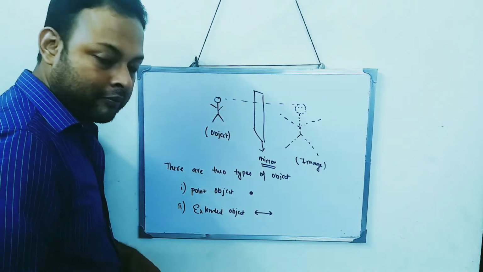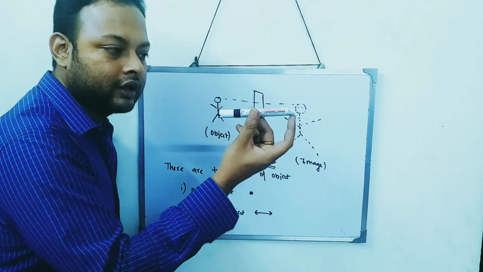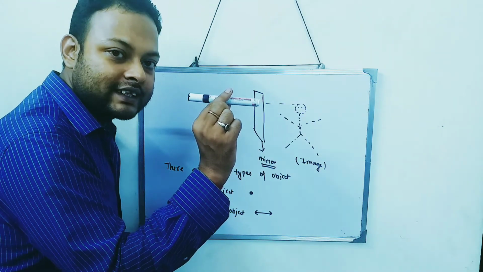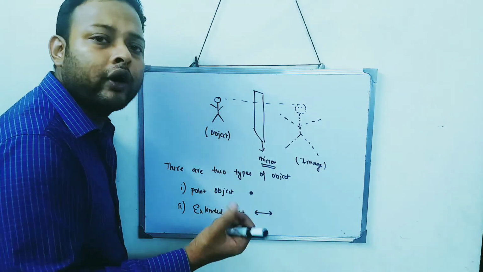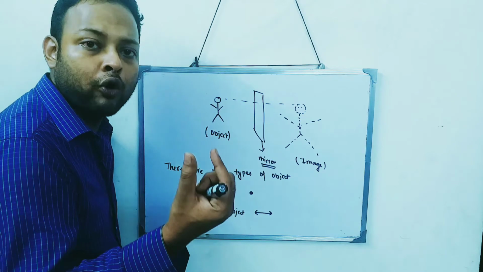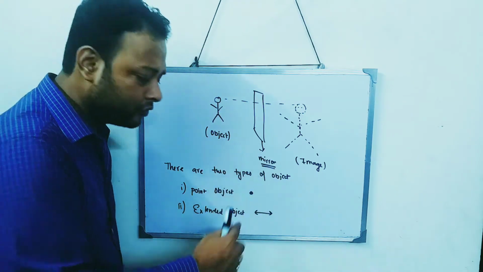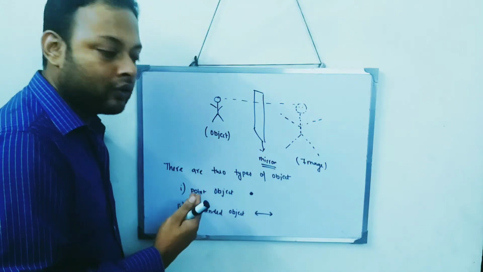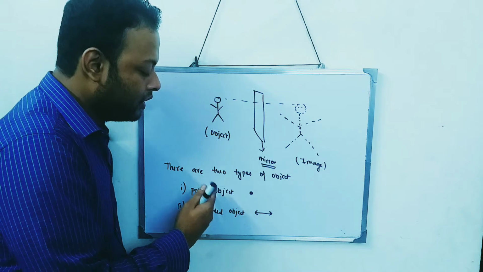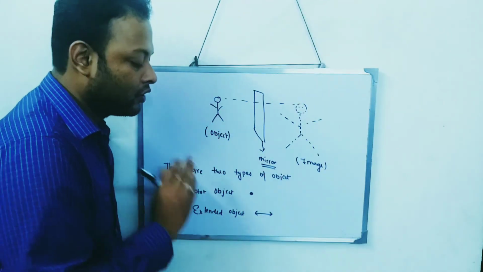You can consider a point object as a small ball, and an extended object as a pin or a rod. We are going to find out how an image is formed for a point object and an extended object.